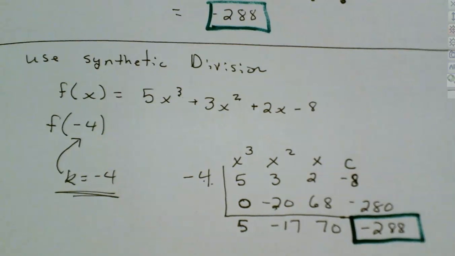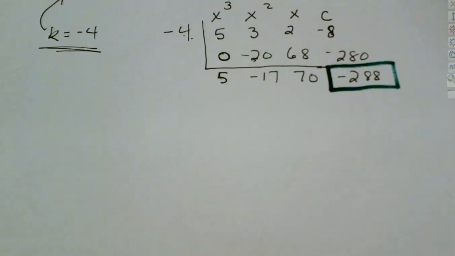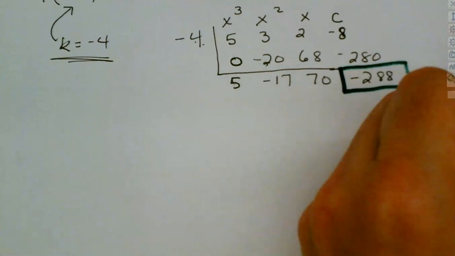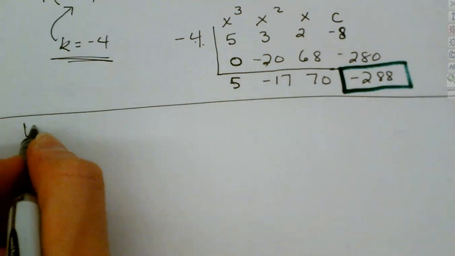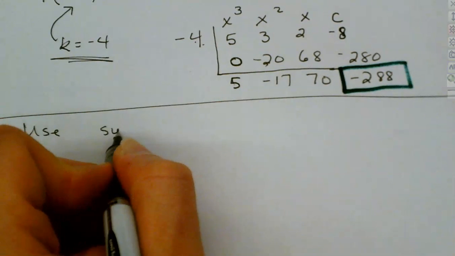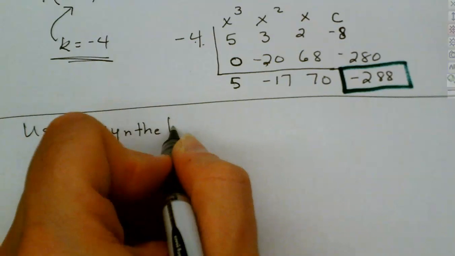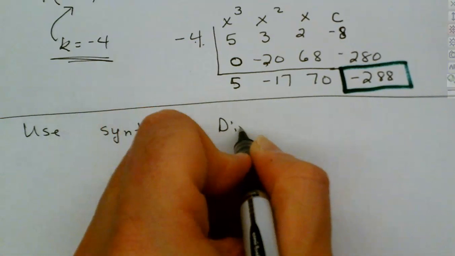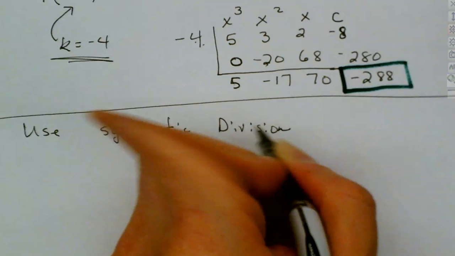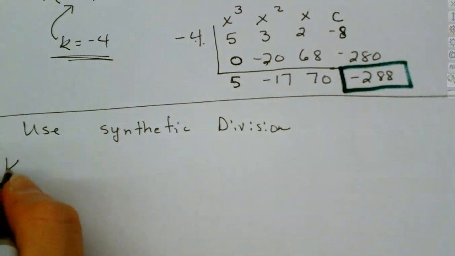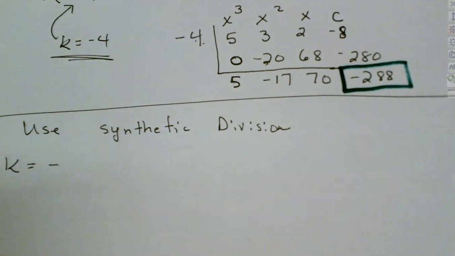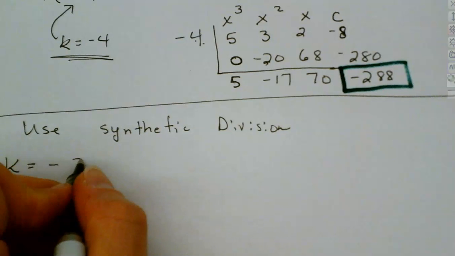Okay, so let's do a couple more of these. If you're missing parts, you've got to plug in a 0. So let's do a larger one. So we're going to use synthetic division, and I'm going to give you a k of, let's say, minus 2.